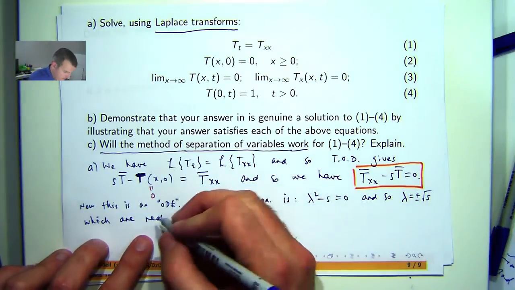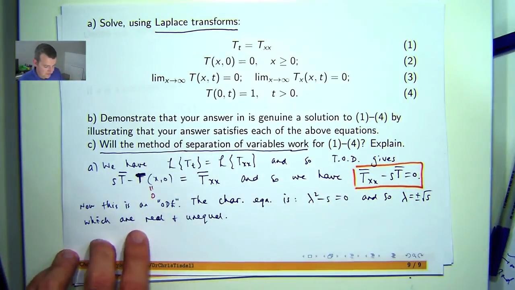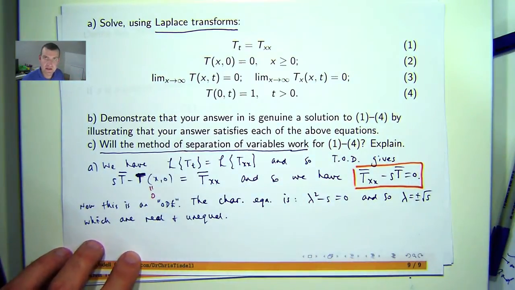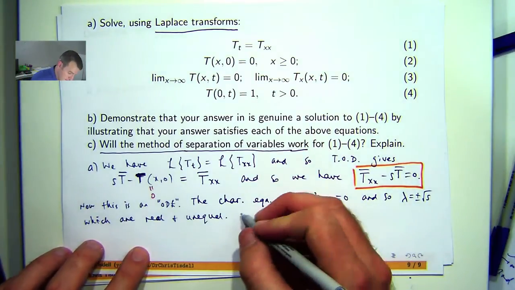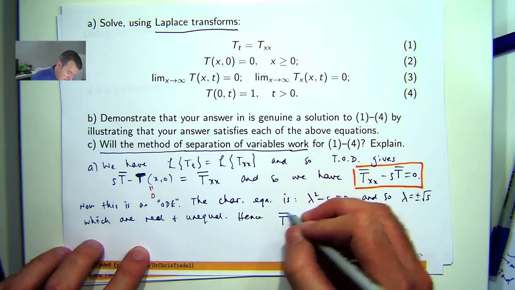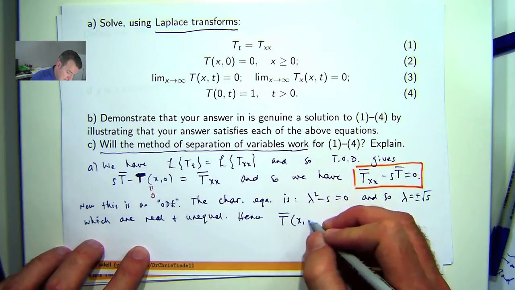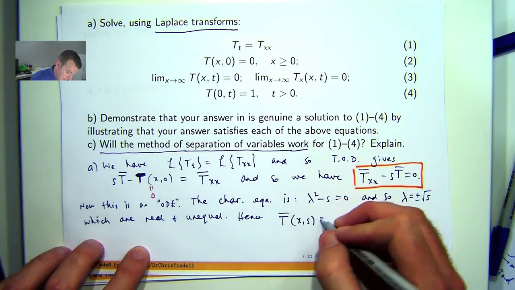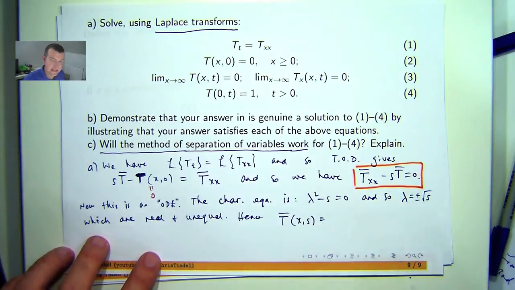So from this observation, the solution to this problem has a special form. T bar is going to be the following. Well, it's a linear combination essentially of exponentials.